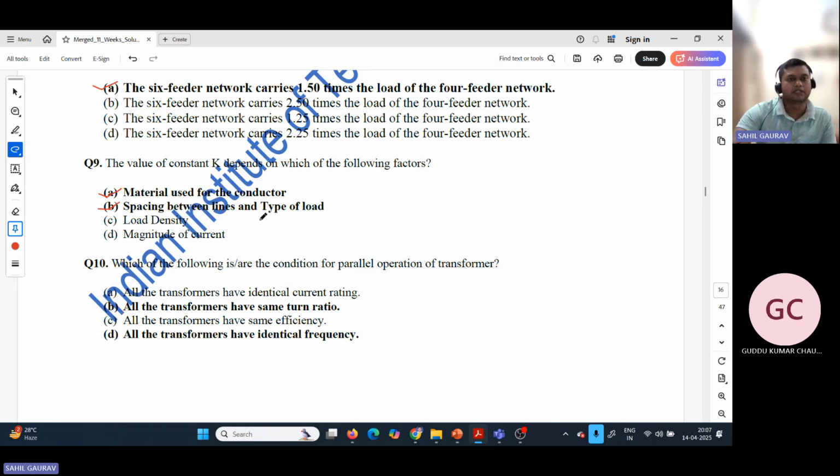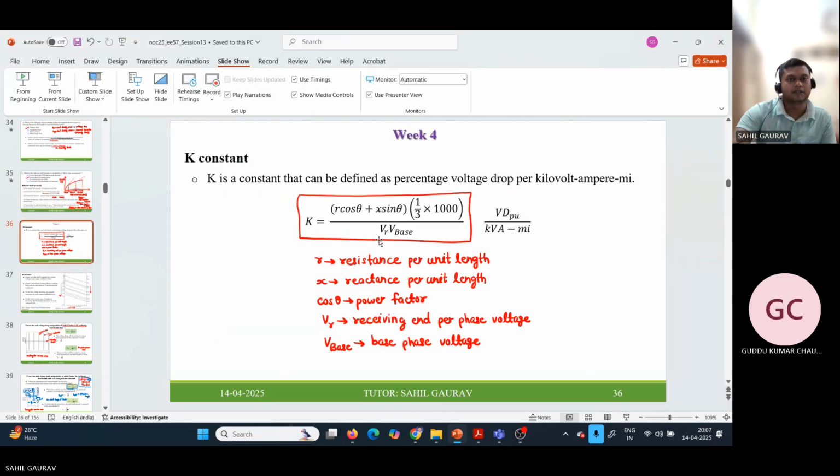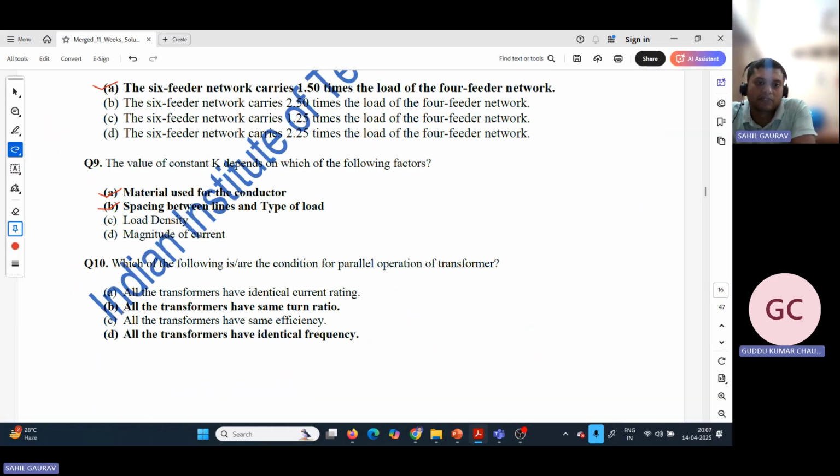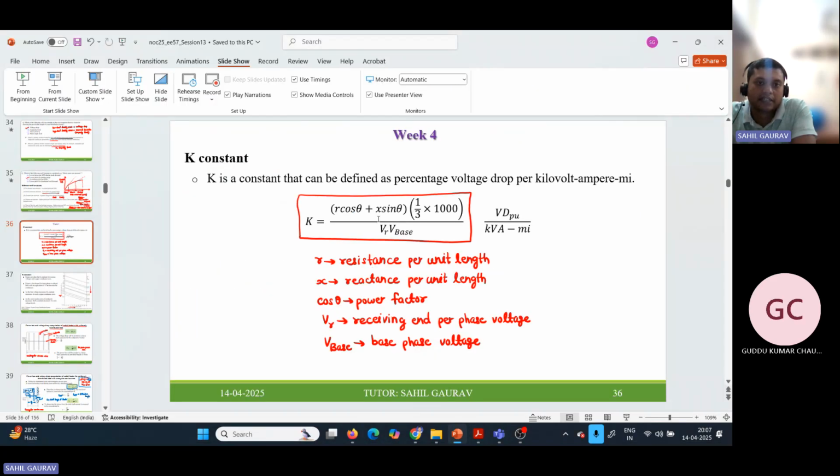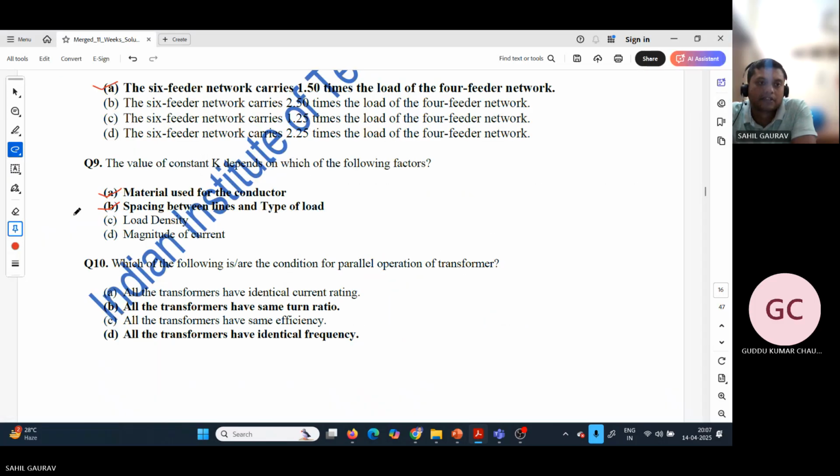The material used for the conductor defines its resistance and reactance, the power factor comes from the type of load, and the spacing between the lines, of course, decides its inductance. So load density is not correct.